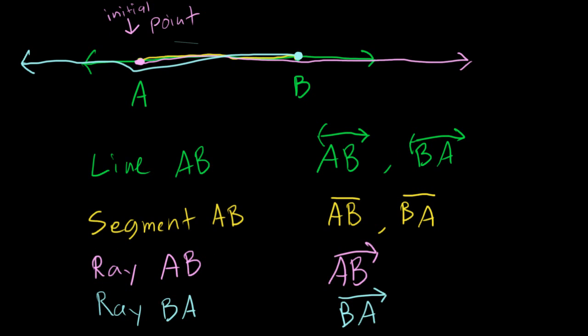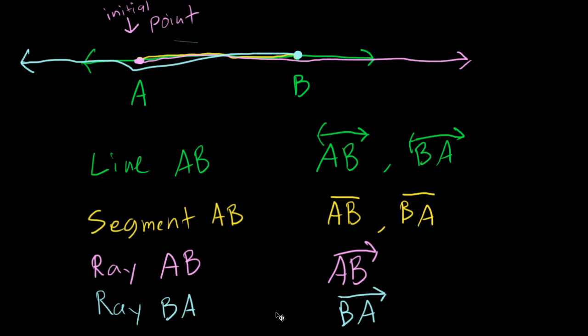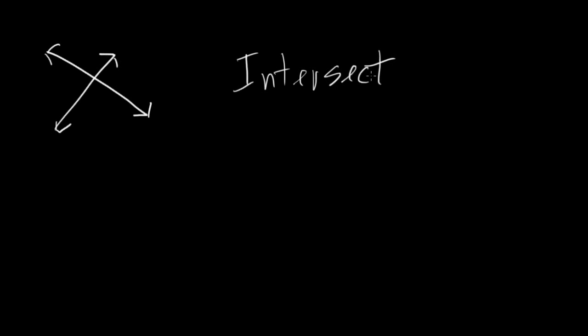A couple more items, and then that's it for this section. If two lines cross, we say that they intersect. Okay? And technically, in math, intersect means they share one or more points.